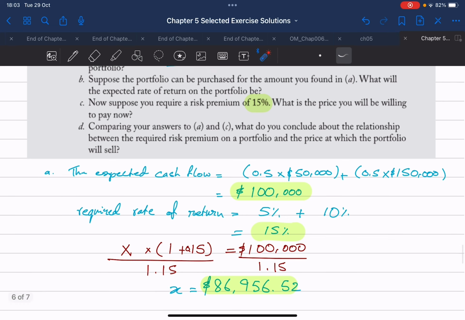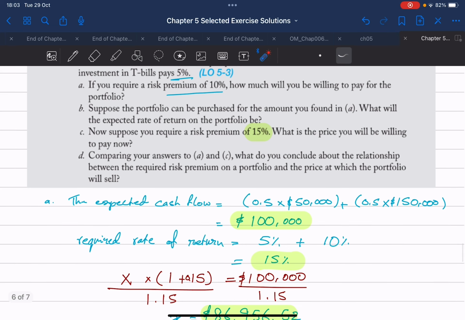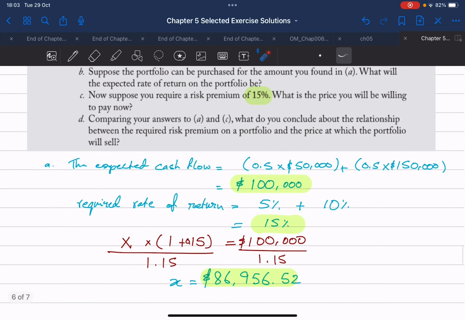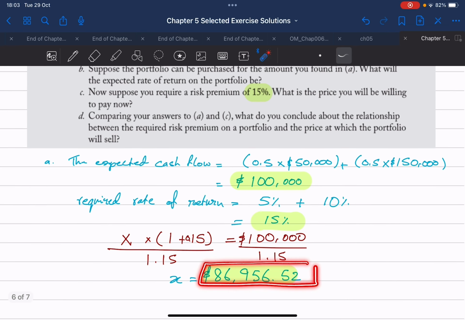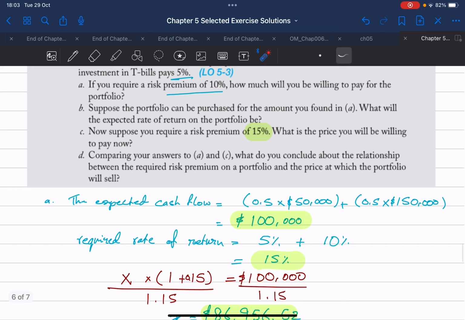Now let's read part B. Right here, it says, suppose the portfolio can be purchased for the amount you found in A, which is this amount right here. Okay. What will be the expected rate of return on the portfolio?